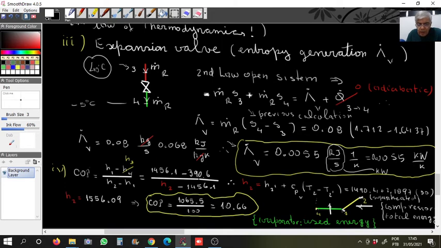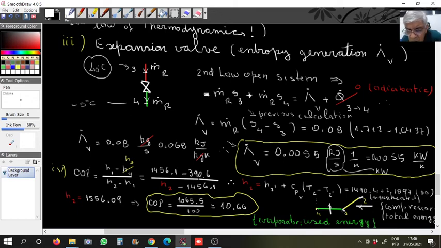No problem. I'll get H2 the same way, the same procedure as I did for S2. So this H2 prime is from the table. This is the specific heat capacity. This is the difference in temperature.